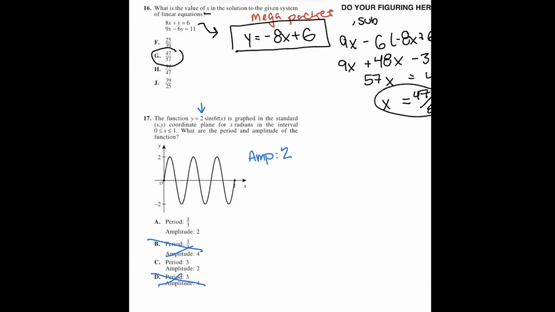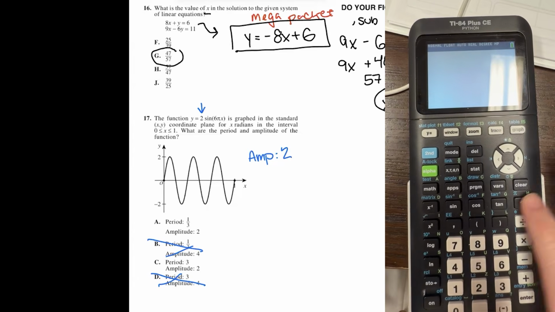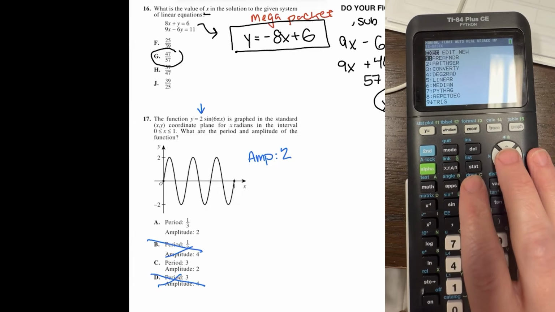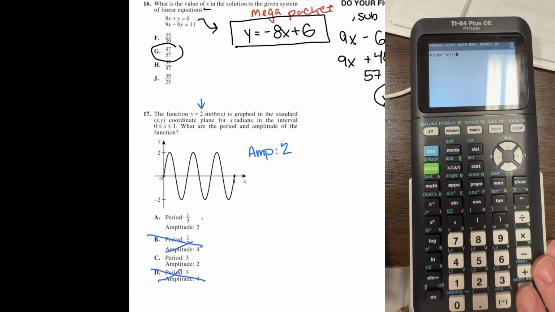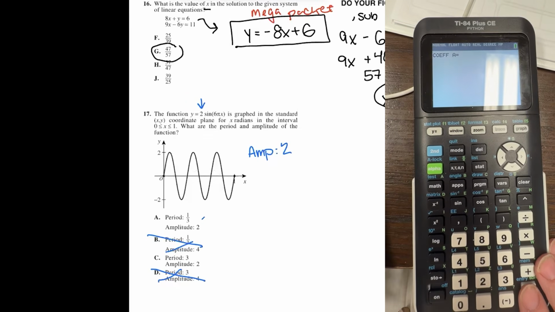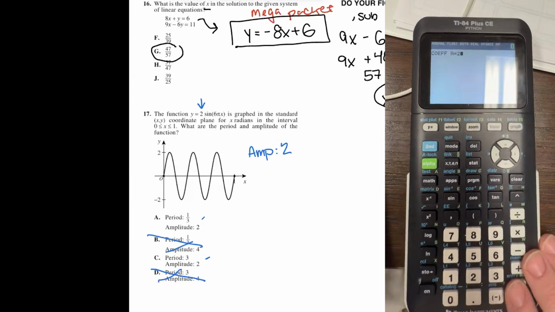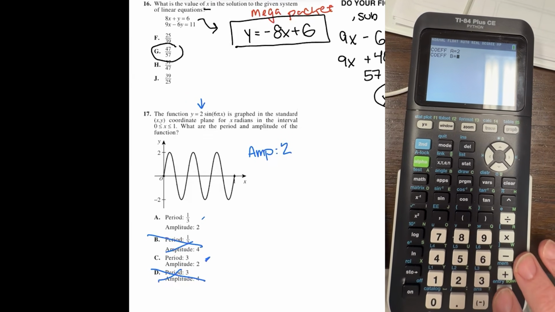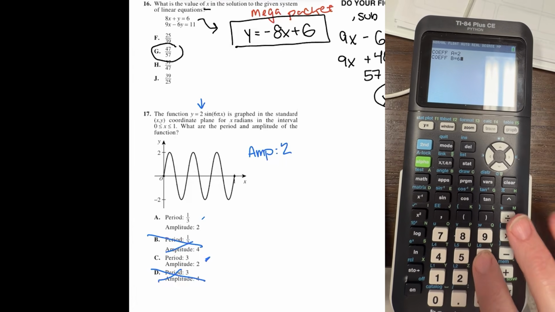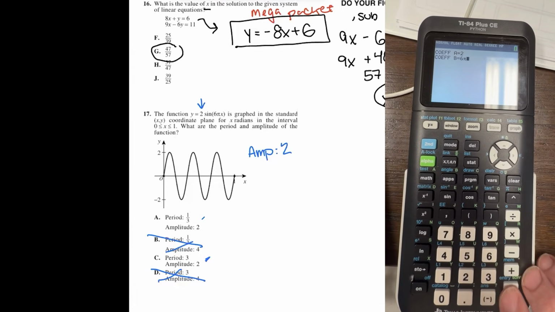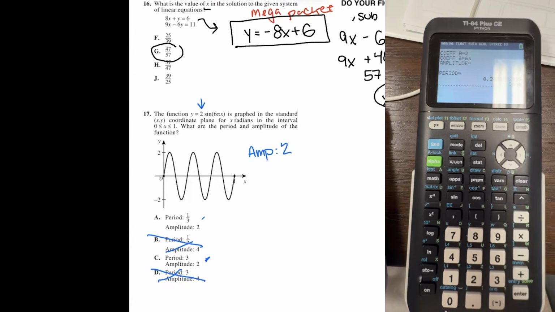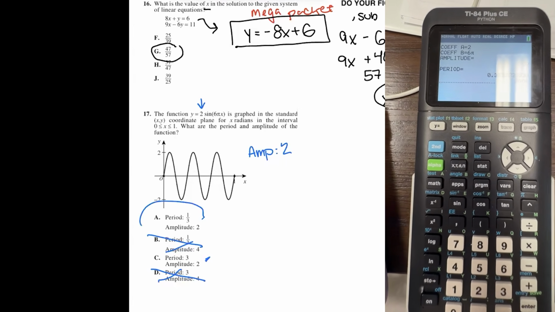But in general, if you are stuck on these two, deciding between a period of 1/3 or a period of 3, what you are pretty much looking to do is simplify that front number and the bottom number and pretty much divide, and this one is going to be 1/3.